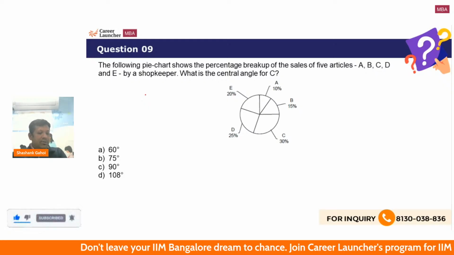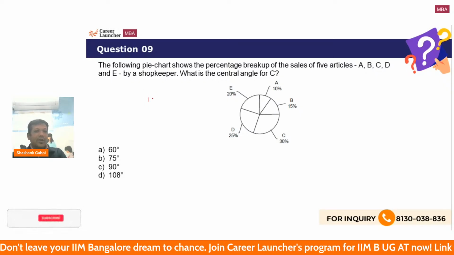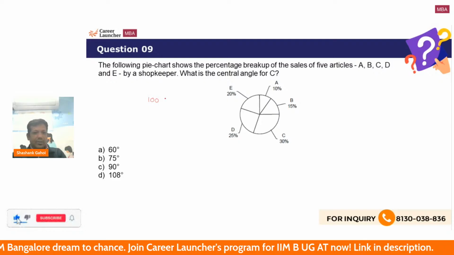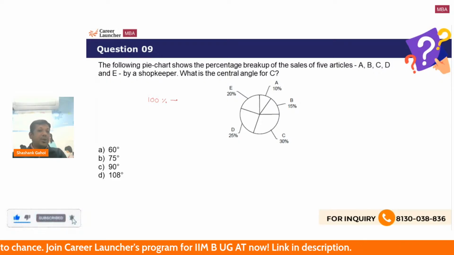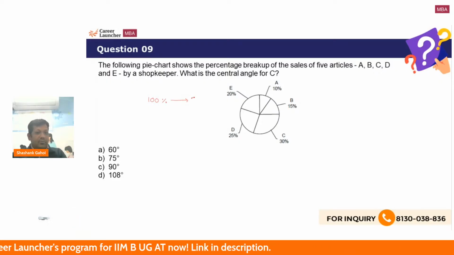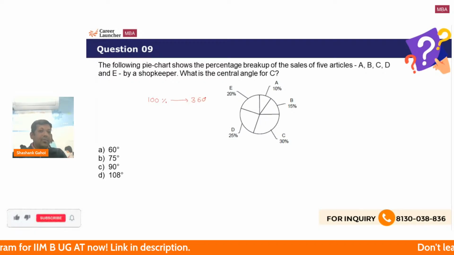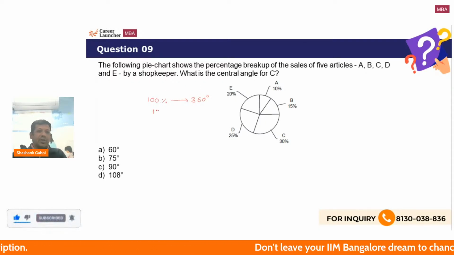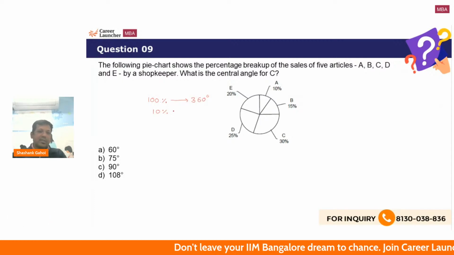Now, the first point is what is the total percent of data? That is 100%. What is the total angle in a pie chart? That is 360 degrees. It means 100% always corresponds to 360 degrees. So 10% corresponds to what? 36 degrees.